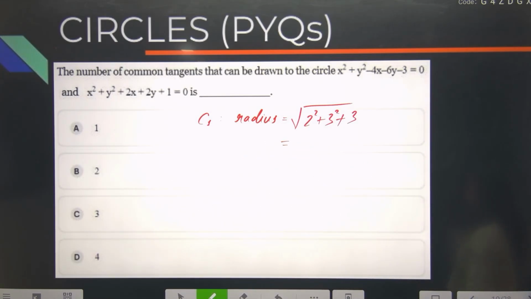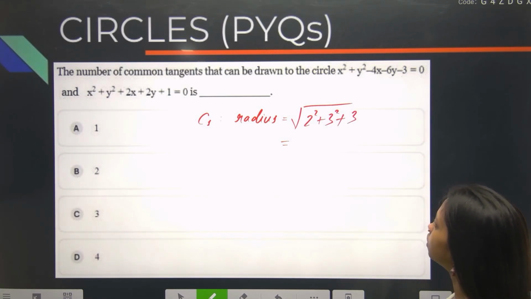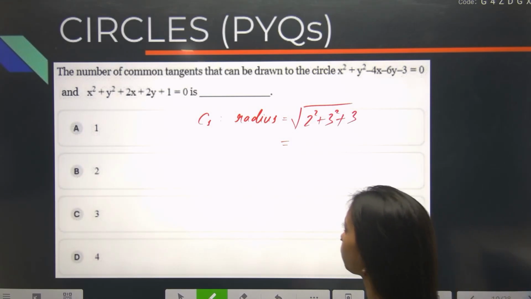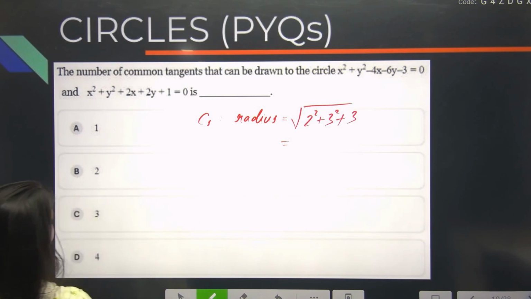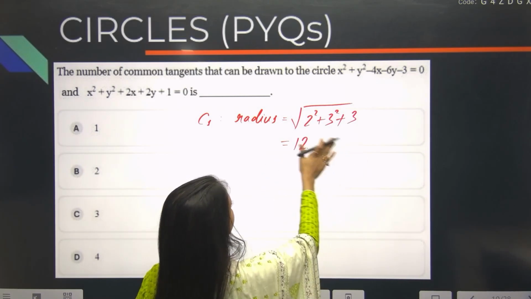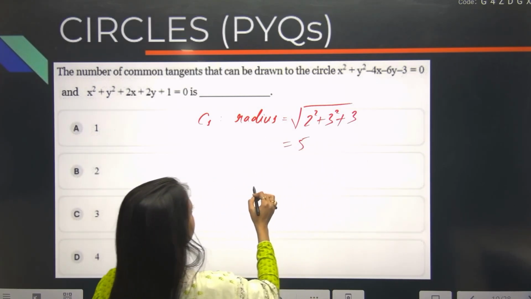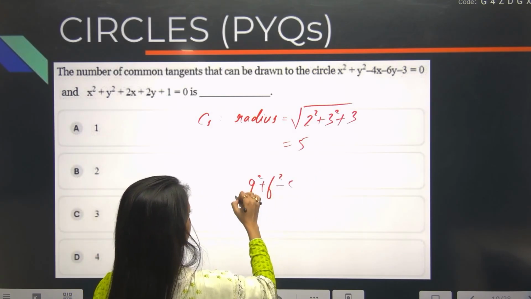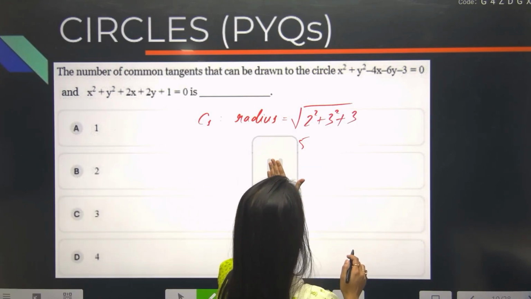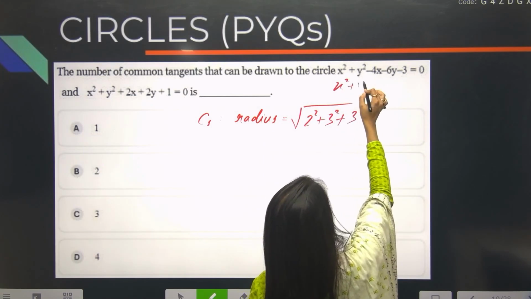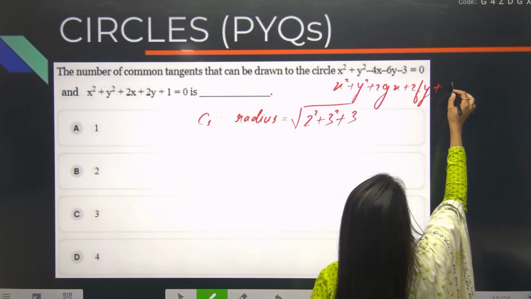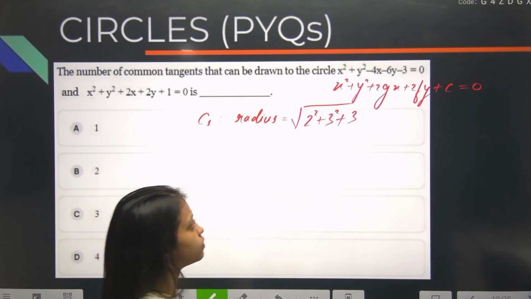This is 12, no, 5. Okay, I hope I'm not making some mistake. That is 12. Sorry, 5. The formula is root of g square plus f square minus c, where we compare this with x square plus y square plus 2gx plus 2fy plus c equals 0.